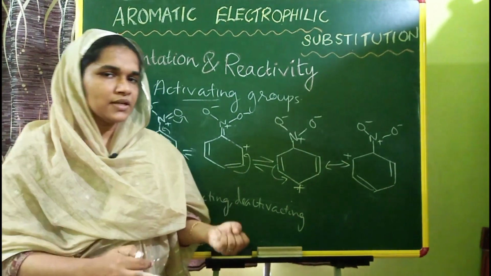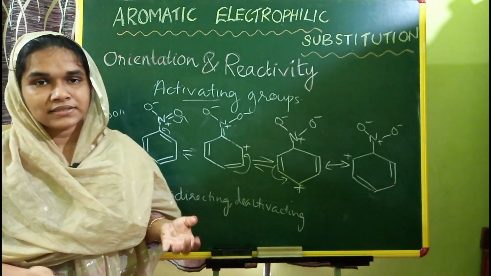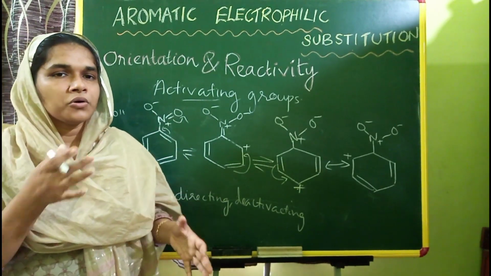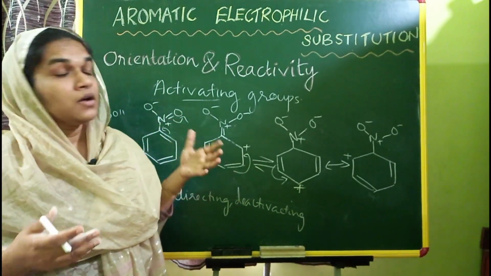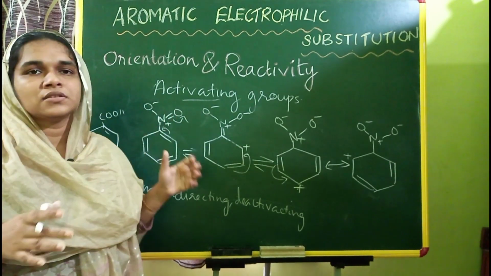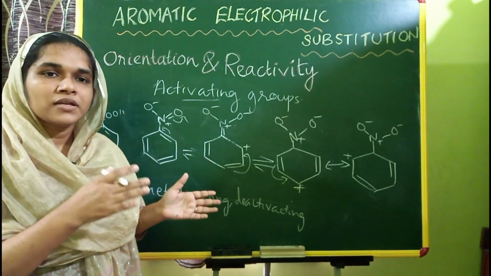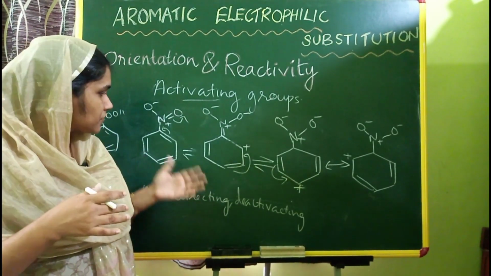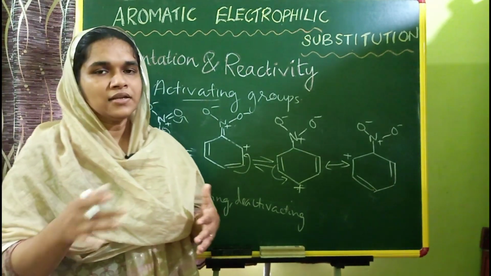So you have seen ortho-para directing and activating groups, then ortho-para directing and deactivating groups, then meta-directing and deactivating groups. Based on the capacity of the already existing group as strongly activating or strongly deactivating, you can divide groups into categories: strongly activating and ortho-para directing, then moderately activating and ortho-para directing, then deactivating and ortho-para directing, then moderately deactivating and meta-directing, then strongly deactivating and meta-directing.